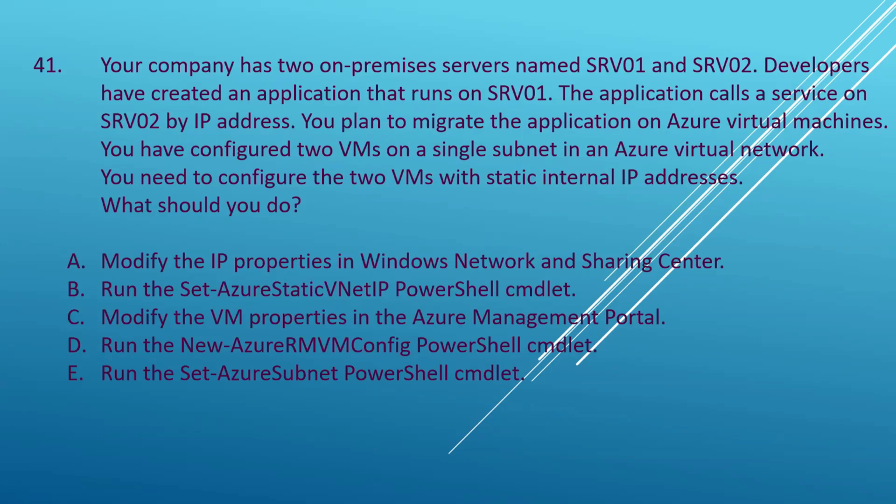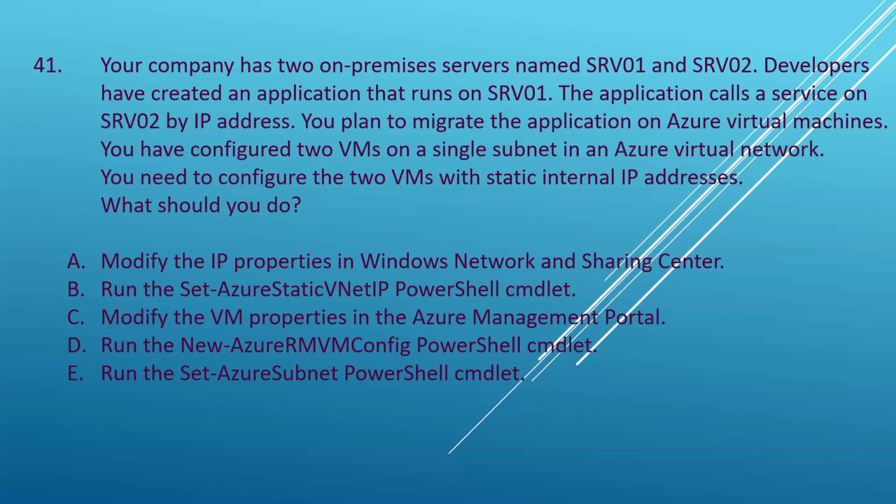What should you do? Your options are: modify the IP properties in Windows Network and Sharing Center, run the Set-AzureStaticVNetIP PowerShell cmdlet, modify the VM properties in the Azure Management Portal, run the New-AzureRMVMConfig PowerShell cmdlet, run the Set-AzureSubnet PowerShell cmdlet.